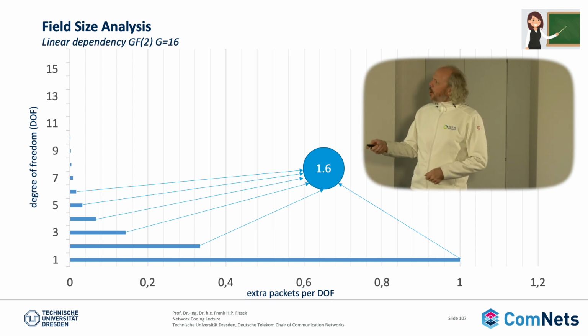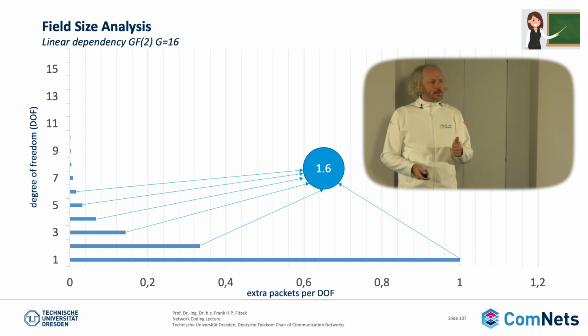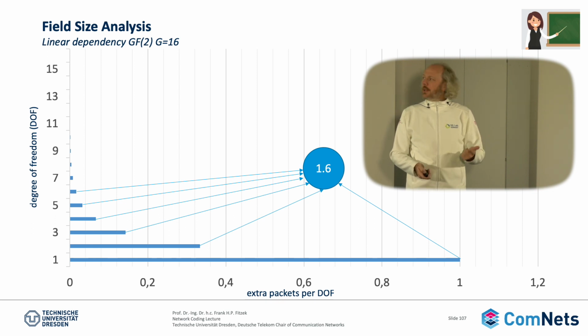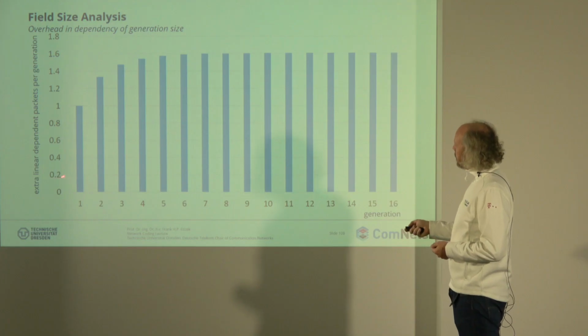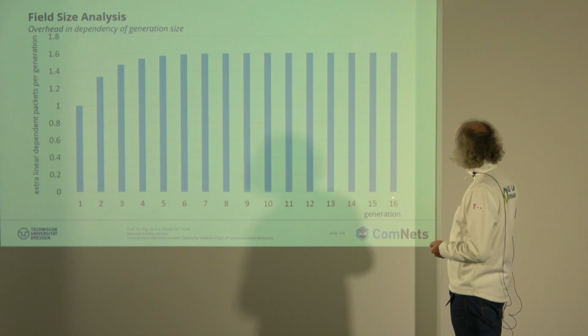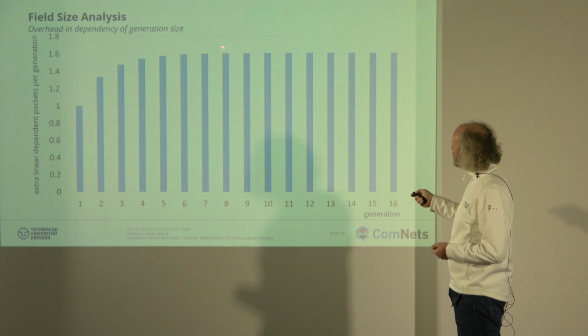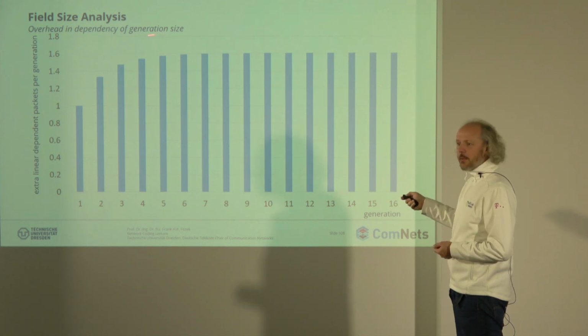Now, is this always true? Is this always 1.6? And is this independent of the generation size? So we did some calculations over here. It's the overhead in dependency of generation size. It's a binary field. And you see that if the generation size is 16 as it was before, it's 1.6. So if you go back, then you see, oh, it drops a little bit.